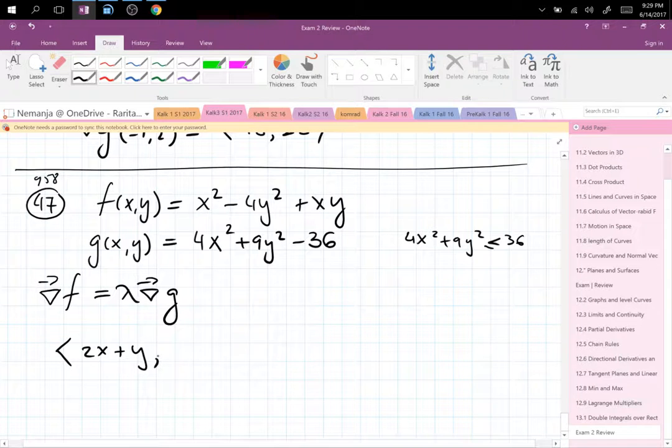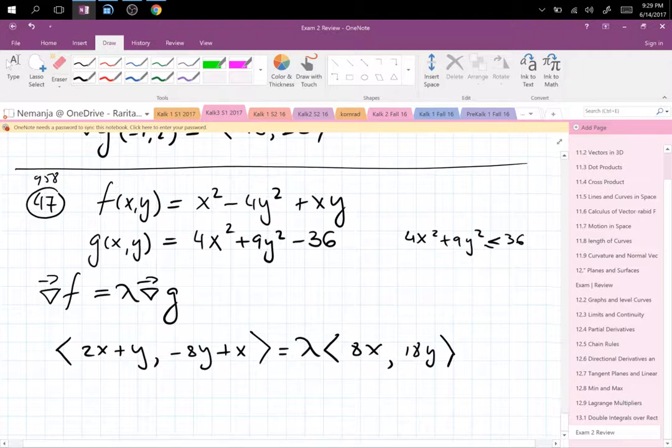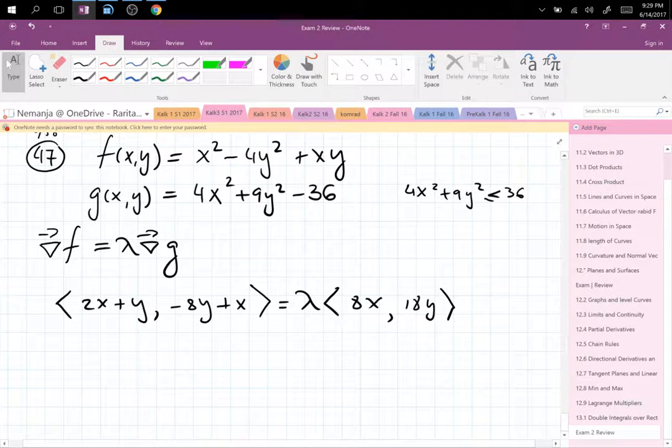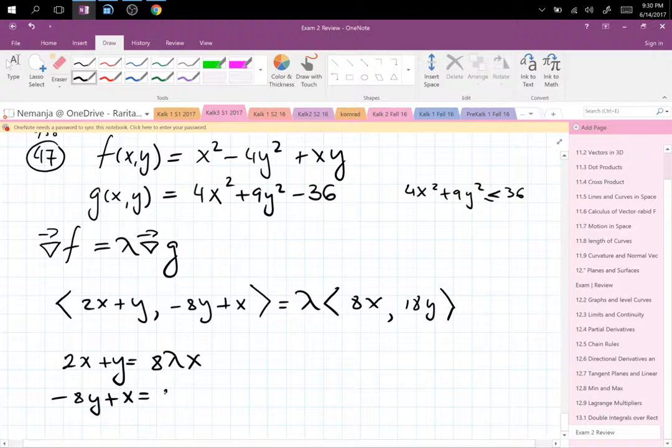Partial derivative with respect to y is negative 8y plus x, equals lambda times, and now partial derivative with respect to x is 8x, and partial derivative with respect to y is 18y. So now we finally have our equations. Equation one: 2x plus y is equal to 8 lambda x. Next equation says negative 8y plus x is equal to 18 lambda y.